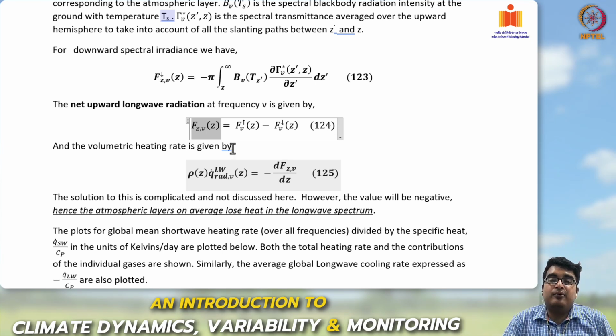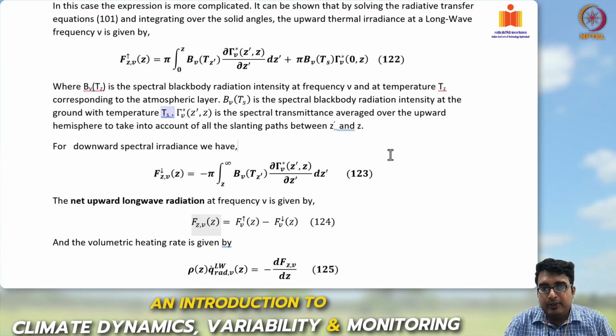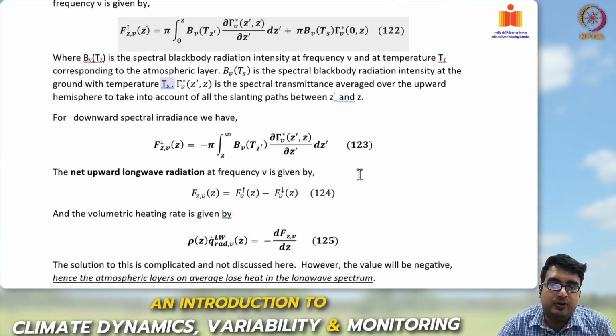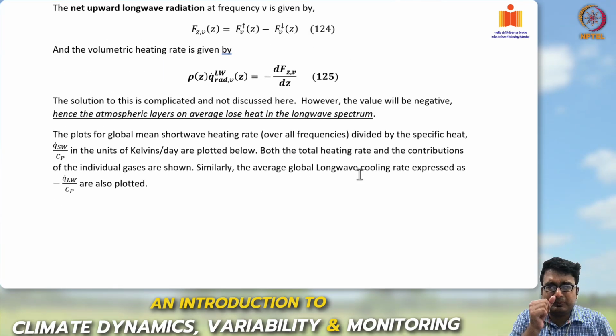So we again have to differentiate this term here. Analytical solutions are possible, but here the derivation is very difficult because we have a lot of terms to take into account. But what we will plot, and what we will see here, is that the volumetric heating rate is actually negative.